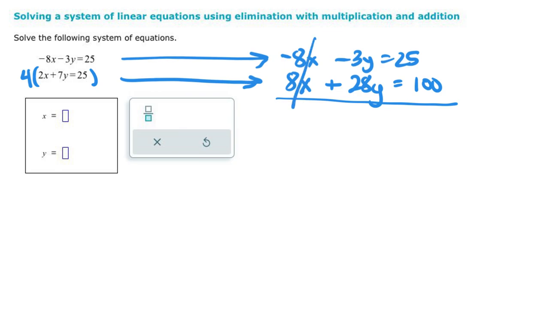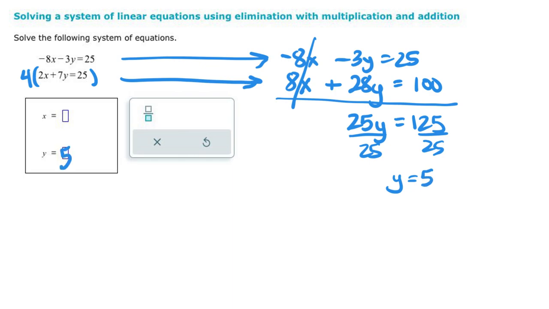So my x's cancel out. This leaves me with positive 25y, because it's a negative 3 and a positive 28, and 125. Now I'm going to divide both sides by 25, and I have y is equal to 5. So that is one of my answers. Now that I know that y is equal to 5, I want to pick one of my two equations to plug in. I can plug that into my top equation or my bottom equation. I picked my top. So negative 8x, I don't know what x is yet, minus 3 times 5 equals 25.